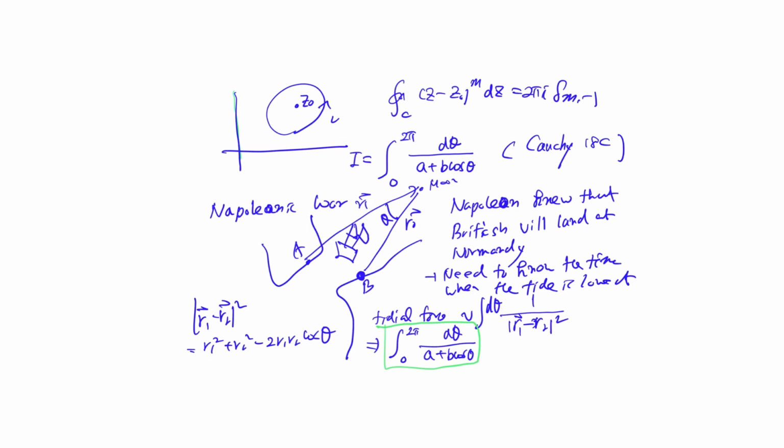So sometimes it may help to understand a problem if you know the history associated with it. But now we can go to the purely mathematical problem. So let's say I equals the integral of 1 over A plus B cosine theta d theta.